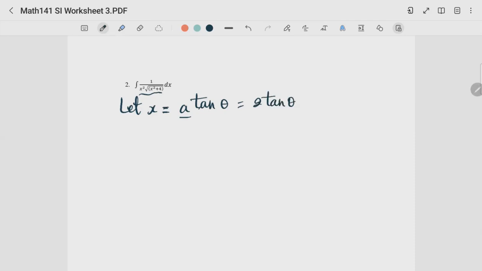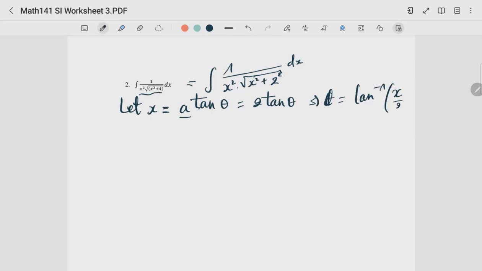Hopefully everyone gets where the 2 comes from, because you can rewrite this expression as the integral of 1 over x squared multiplied by the square root of x squared plus 2 squared. And that's where the 2 comes from, based on your formulas, the general rules. So now that you have that, that means that theta is equal to tan inverse of x over 2, right?